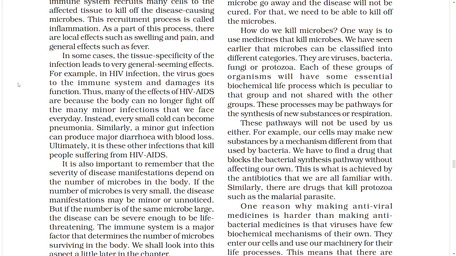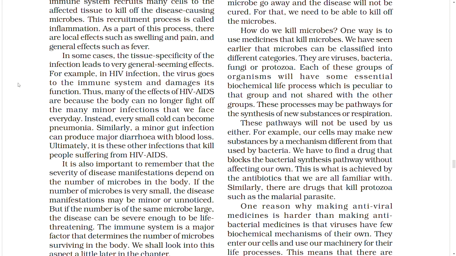Instead, every small cold can become pneumonia. Similarly, a minor gut infection can produce major diarrhea with blood loss. Ultimately, it is these other infections that kill people suffering from HIV/AIDS.